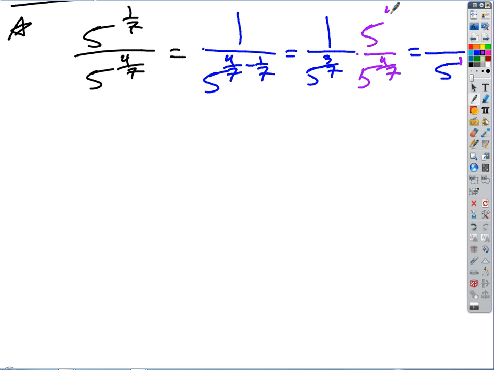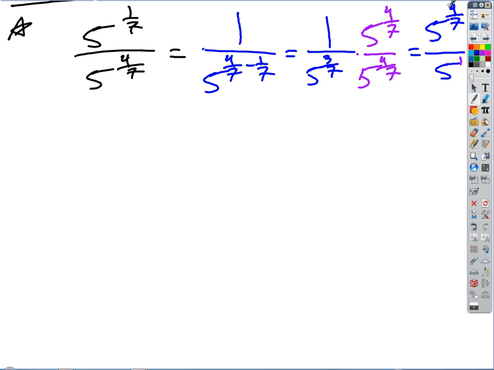So I end up with 5 to the 4 sevenths over 5. Okay? That's what I get. Now at least I've got my radical, or my root, whatever you want to call it, on the top and I have an integer on the bottom.